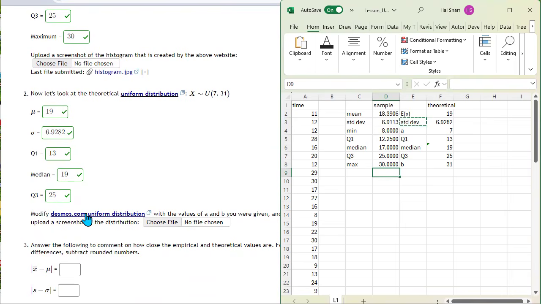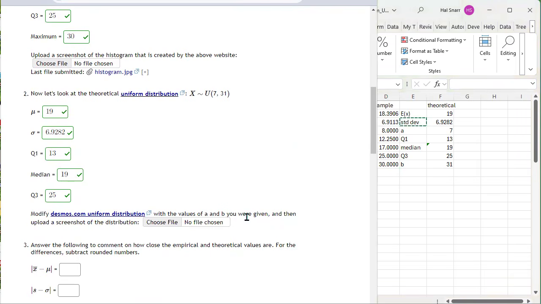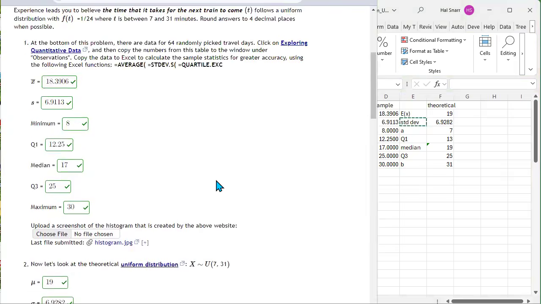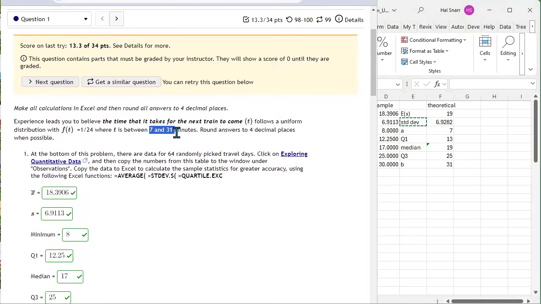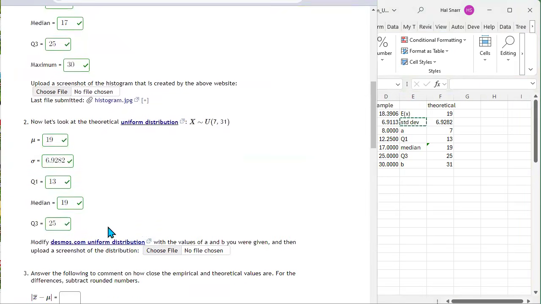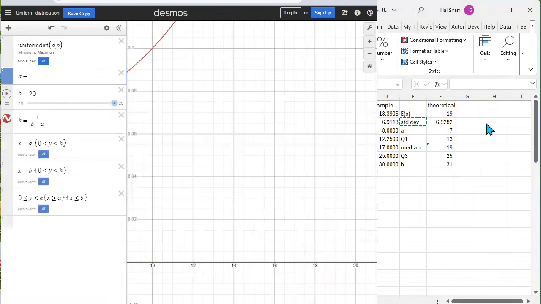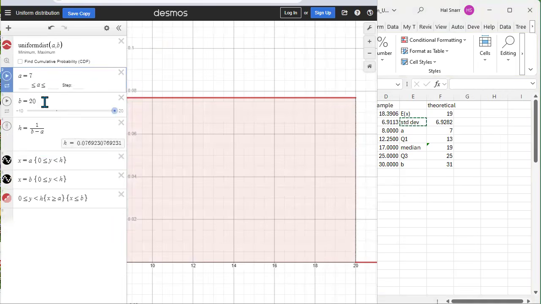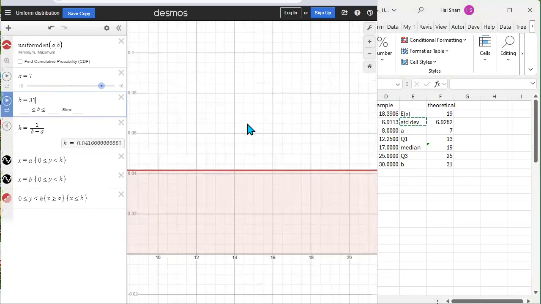Okay, now we want to modify this Desmos.com uniform distribution with the values of A and B you were given, right? So my A and B are 7 and 31, right? Yours are going to be different. So let's click on this. I'm going to change my A to 7, right? I'm going to change my B to 31.